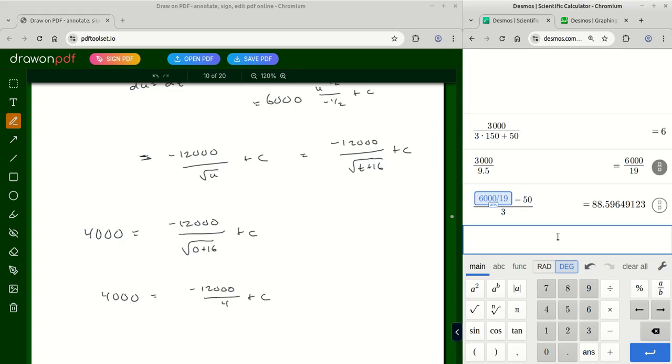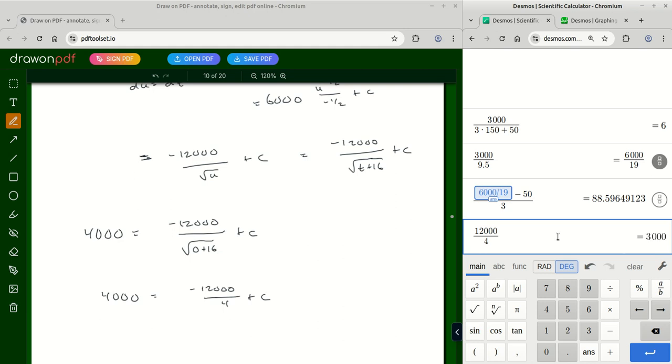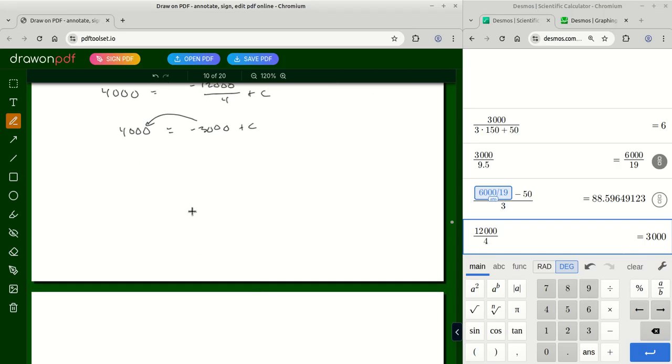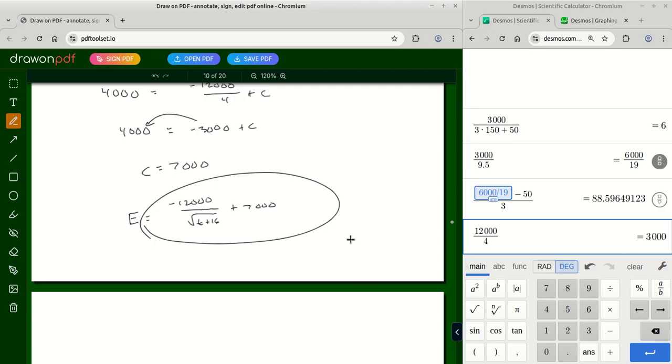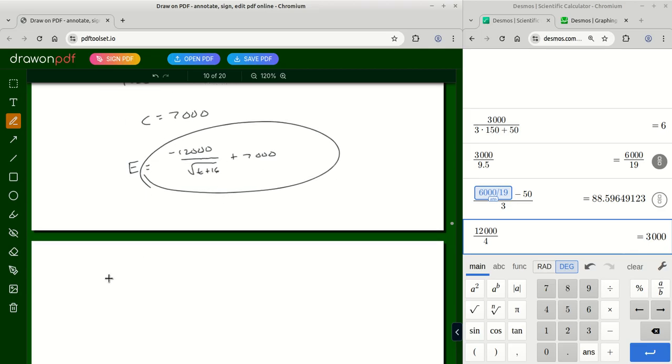What is that, like negative 3,000? Move it to the other side by adding. So I actually get C is equal to 7,000. So here's my final formula, I guess: negative 12,000 divided by the square root of T plus 16, and then plus 7,000. So this is awesome. And yet we're not done because they want to now find E at 9.